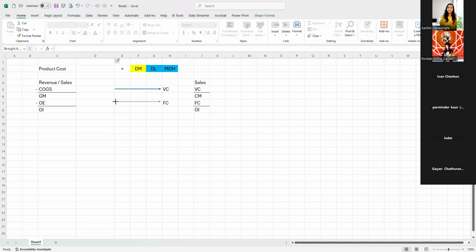If, for example, I start with 100, my cost of goods sold, let's say, is 20. My gross margin is 80, because that's a simple calculation. Operating expenses, let's say, is 40. No, let's go with 60. My operating income is $20.